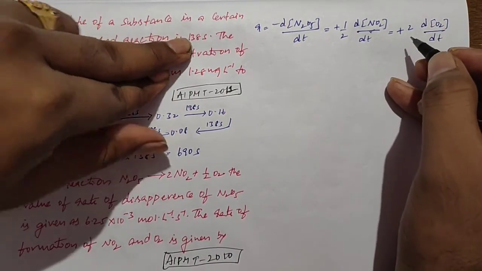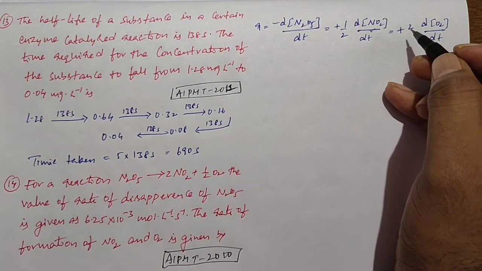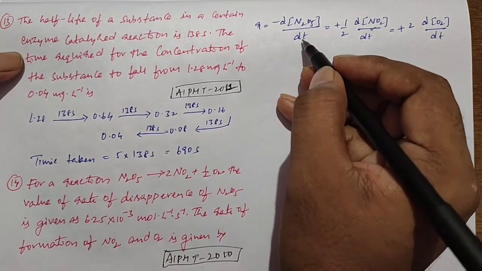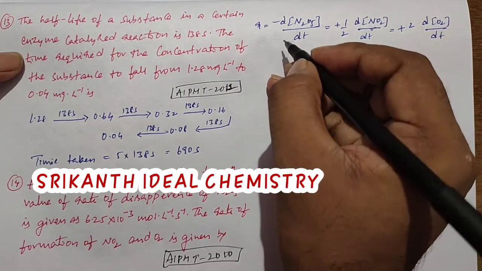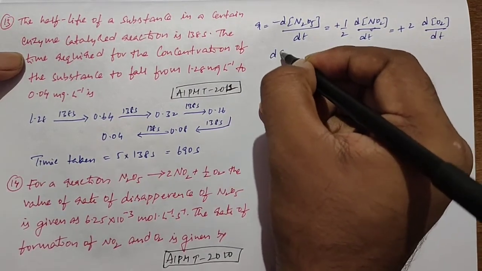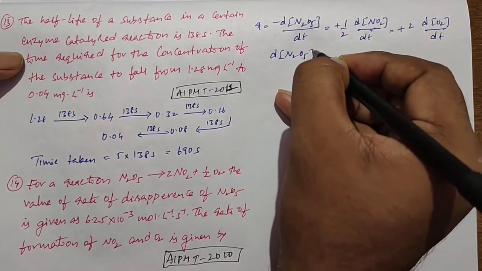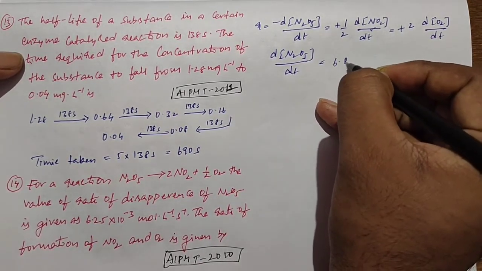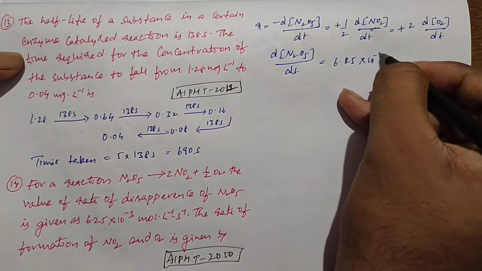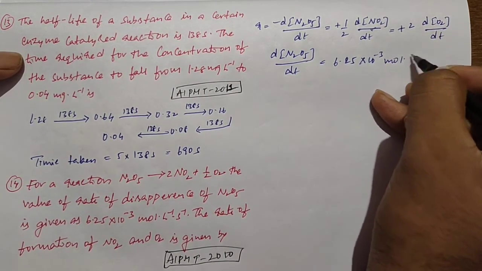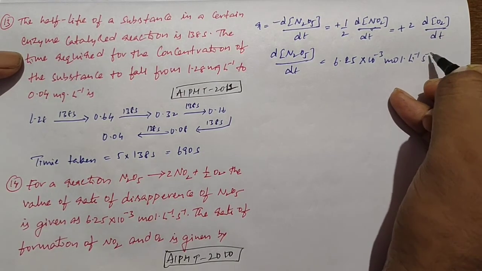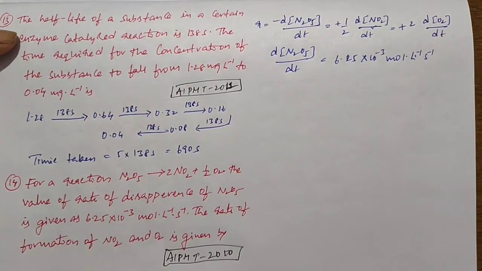For this one we have half O2, so 1 by 1 by 2 we can write as 2. So they give the minus d[N2O5] by dt. So what is the given value? Rate of disappearance of N2O5 is given as 6.25 into 10 power minus 3 mole liter inverse second inverse. So this is the given rate.